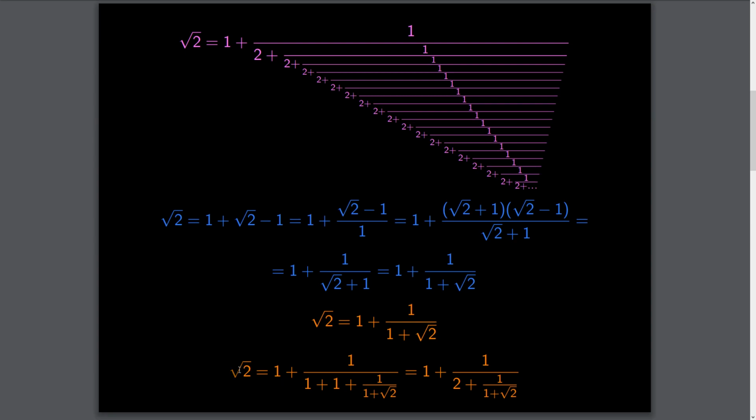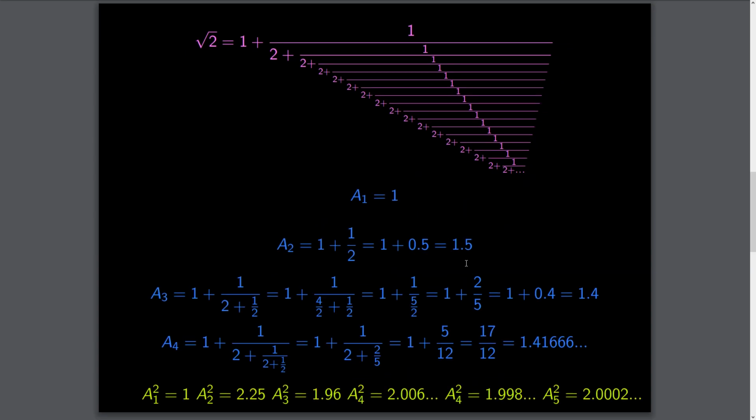So you end up obtaining this particular form. And after simplification, you just observe that 1 plus 1 equals 2. So you obtain square root of 2 equals 1 plus 1 divided by 2 plus 1 divided by 1 plus square root of 2. And you can actually do this iteration forever and thereby get an intuitive idea of why this original expression works.